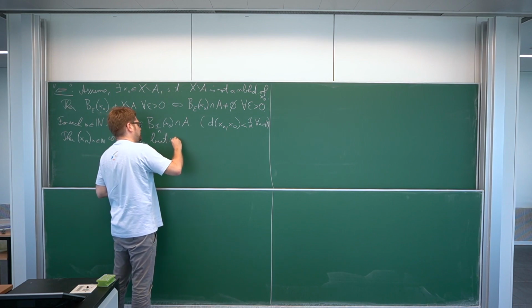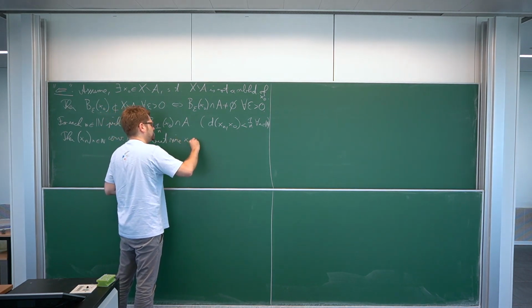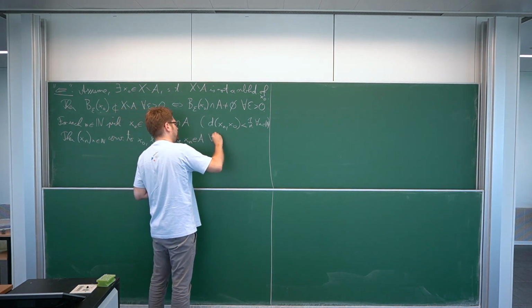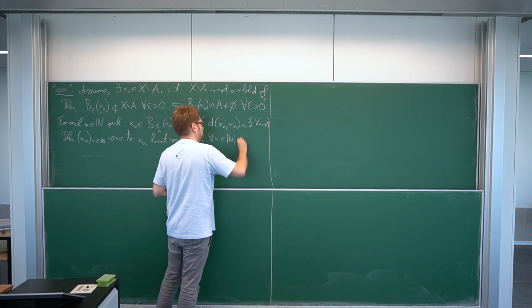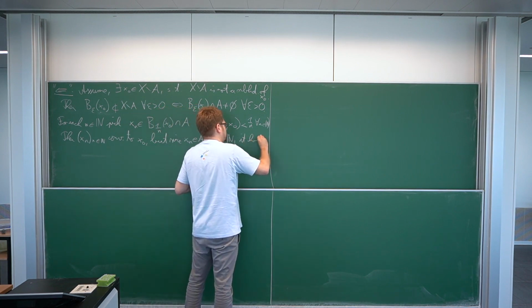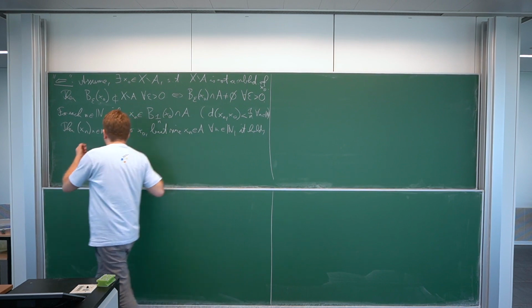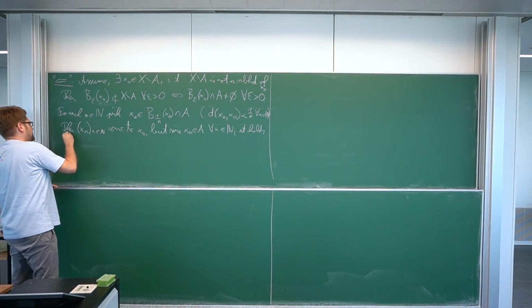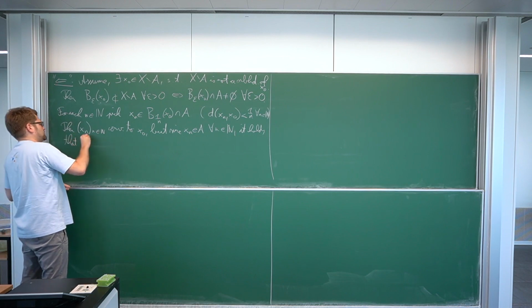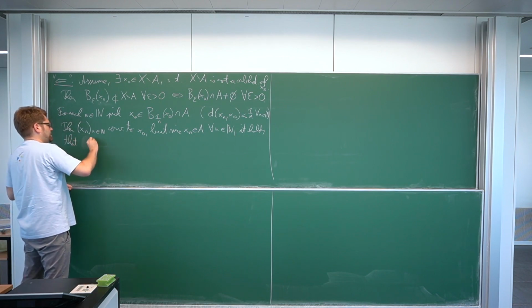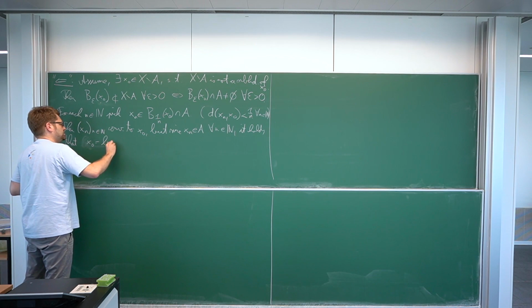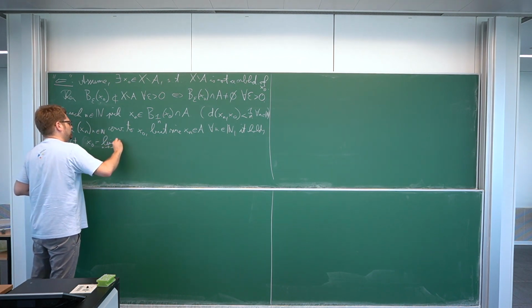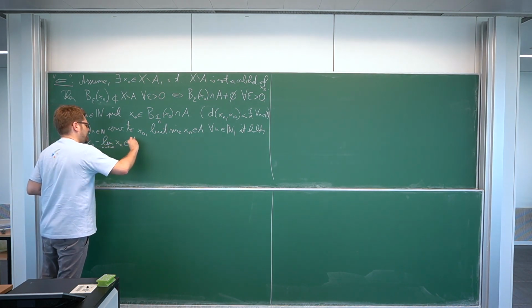But since this is a sequence in A, so since xn lies in A for all n in N, it holds by assumption that the limit has to lie again in A. This is this time the assumption that we had. So it holds that x0, which is the limit as n to infinity of xn, lies in A.